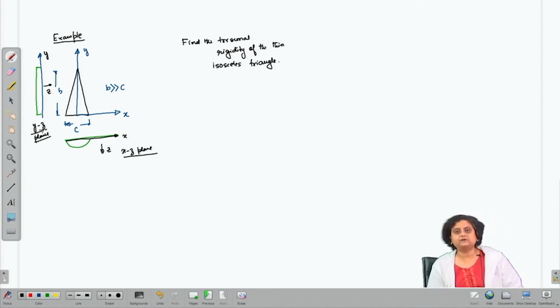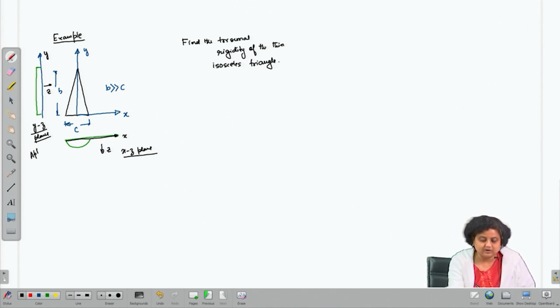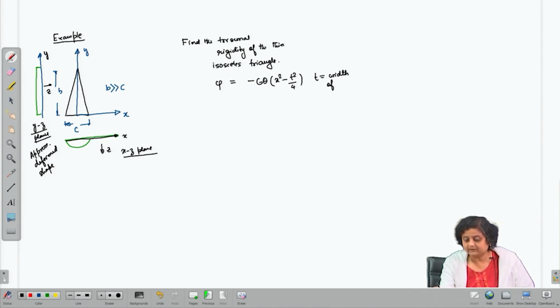Now, using the similar concept by which we solved the narrow rectangular cross section, considering this approximate deformed shape, we can say that phi, the Prandtl stress function, can be approximated as minus G theta into x squared minus t squared by 4, where t is the width of the triangle at any y.